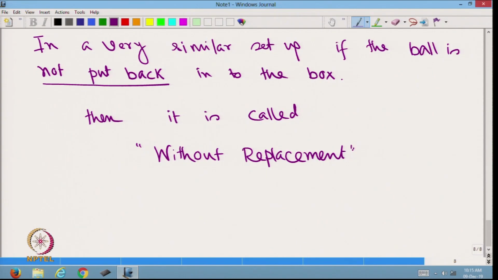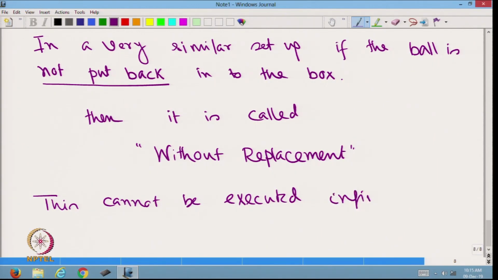Quite obviously, this cannot be executed infinite number of times, because the box will be empty after all the balls are taken out of the box.